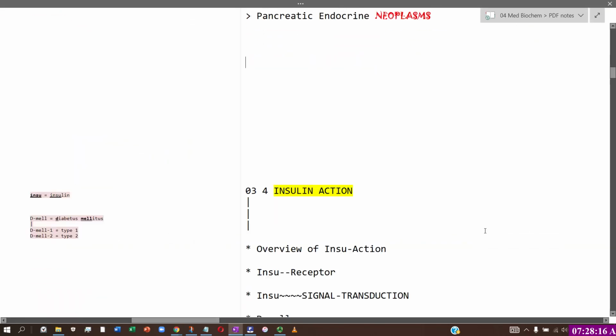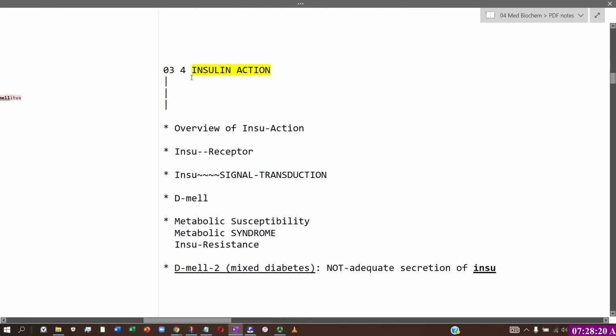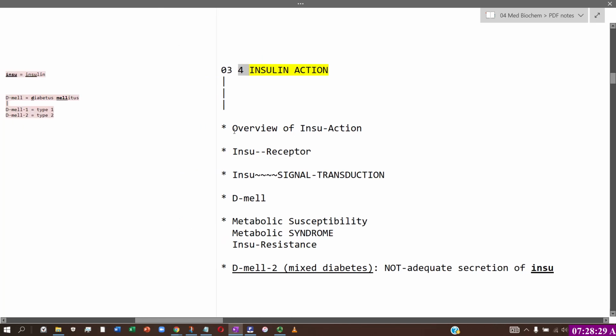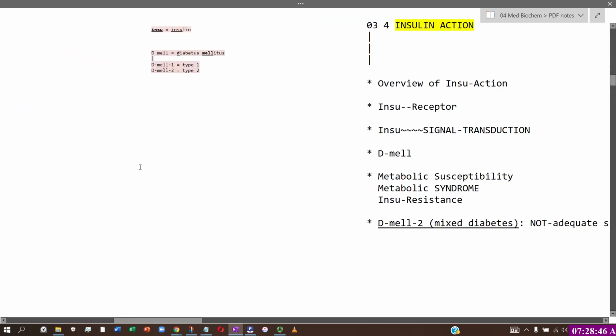So, resuming things back on PDF file number 4, this one is about insulin action. The first subtopic is overview of insulin action, without shorthand notation, insulin action overview, and then insulin receptor, followed by insulin signal transduction, and then DMEL.